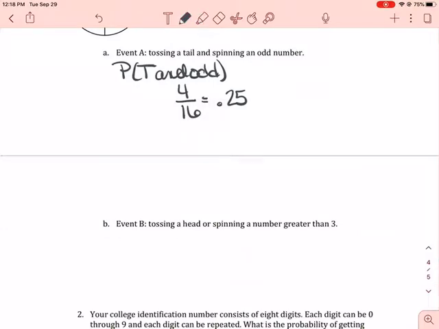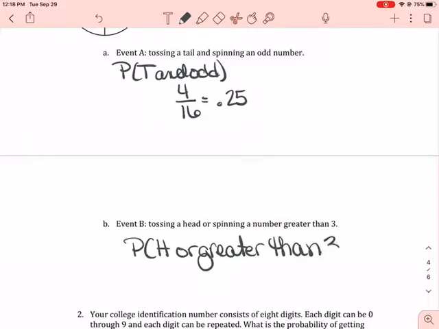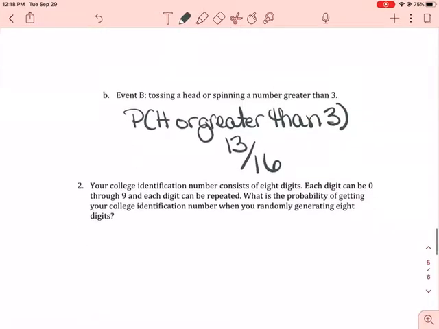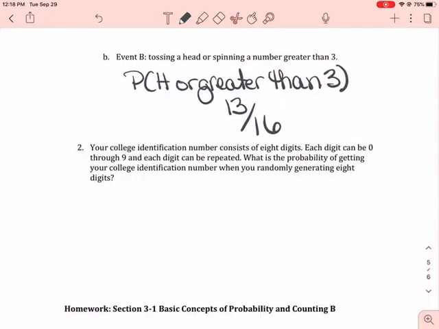Okay, so that's 13 out of 16. Or you could have done 1 minus 3 over 16.